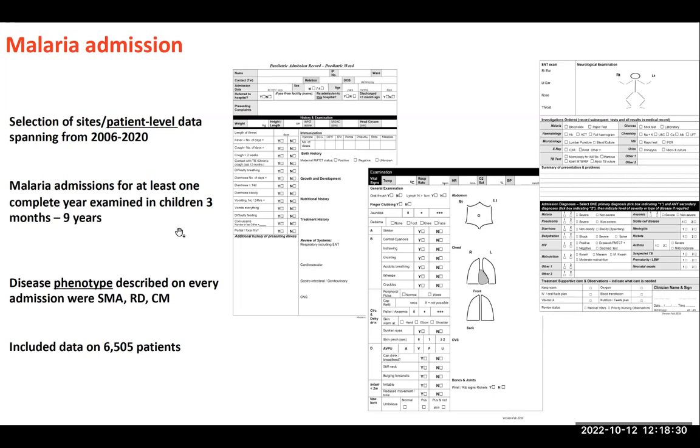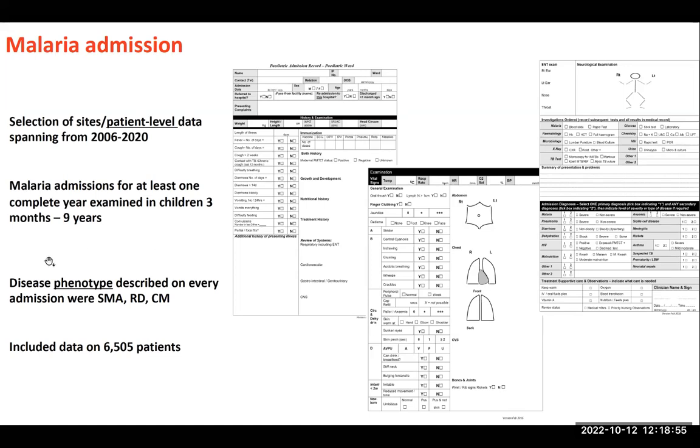And these were among children aged 3 months to 9 years. And malaria was formally defined as a primary clinical diagnosis with a confirmed positive malaria slide taken at any time during the admission. And we did not include major underlying conditions, for example, sickle cell disease or HIV.